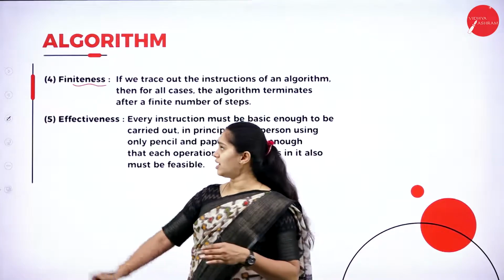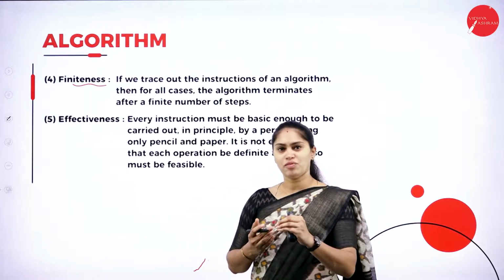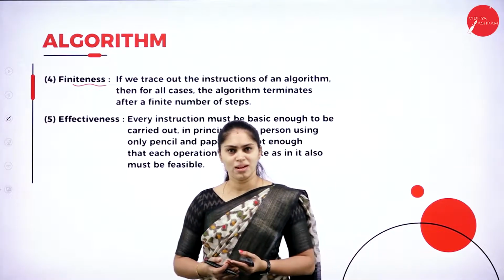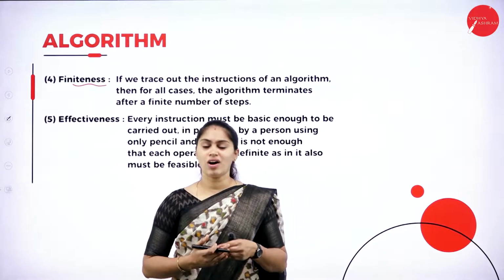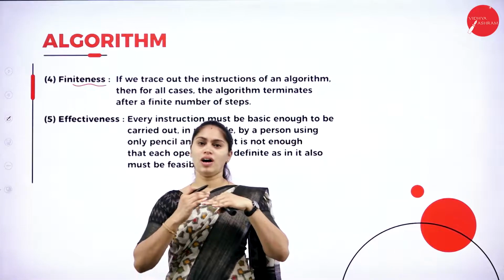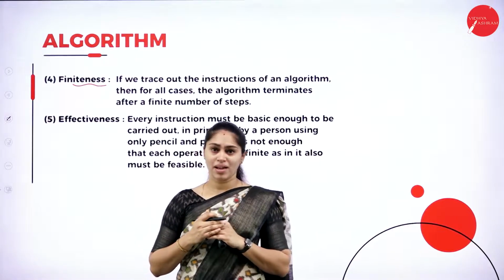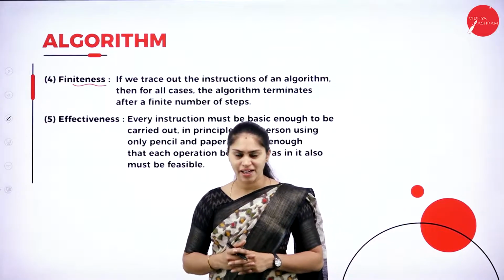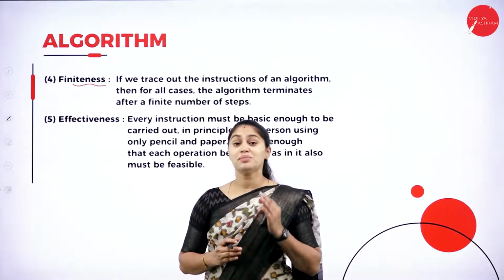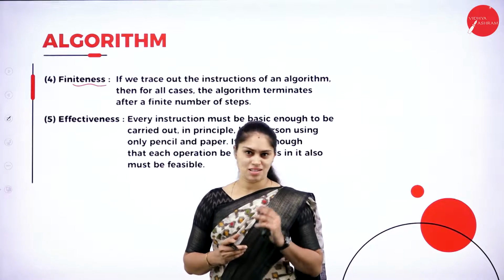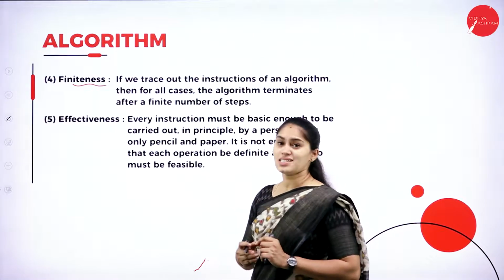When it comes to finiteness, if I am finding the solution for any problem, it should not exceed; after a certain number of steps, it has to stop. That means the solution we get in terms of algorithm should be finite in number. Then we can say that it is efficient.